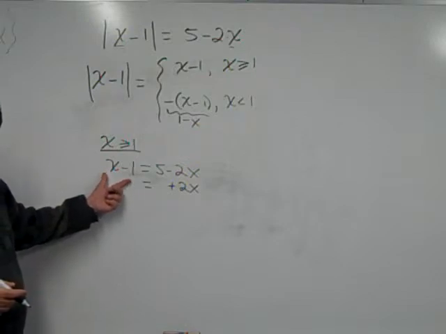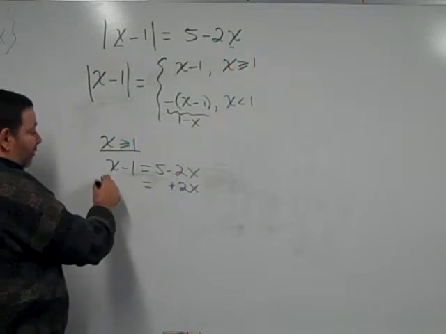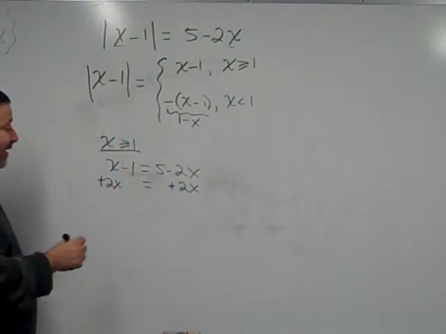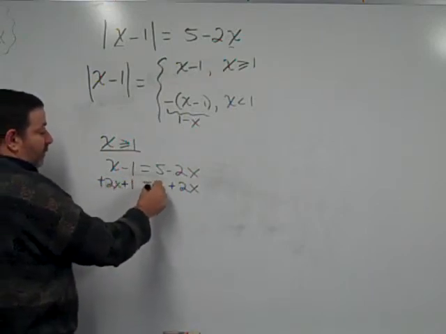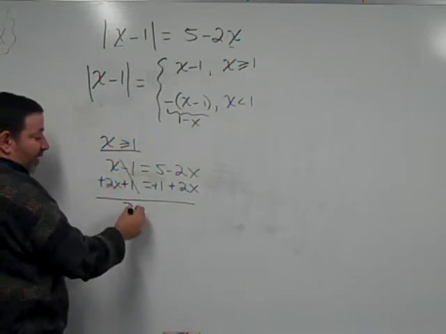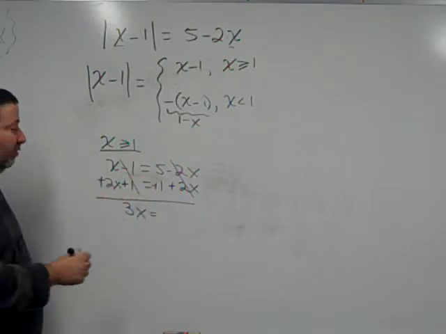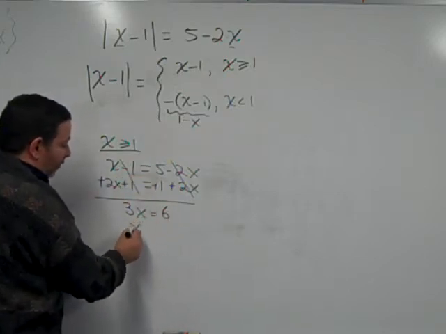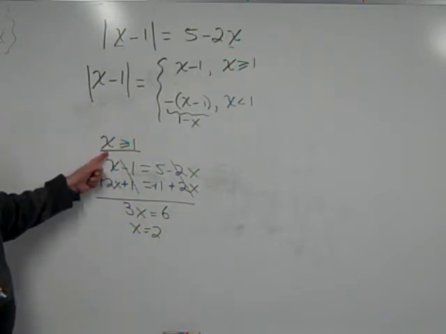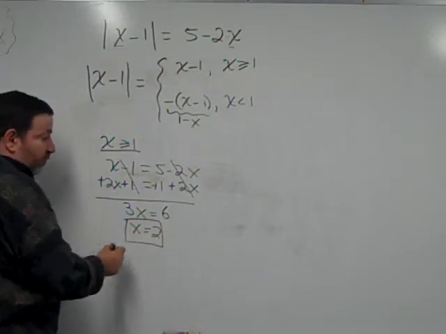The left side has 1x, the right side has minus 2x. So I'm bringing the x's to the left side, which means I want to bring the numbers to the right side. I'm going to add 1. By design, that cancels and we have 3x. By design, that cancels and we have 6. So x has to be 2. But x also has to be at least 1. So that's okay. 2 is bigger than 1.